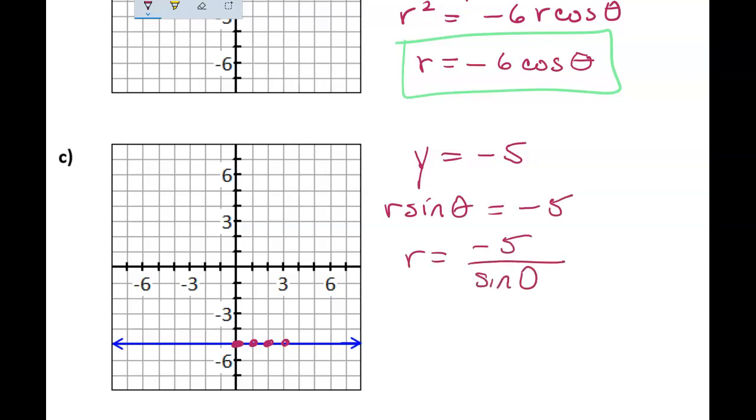Dividing both sides by sine of theta, we'll have solved for r, but let's simplify this. That would be r equals -5 times the cosecant. Oops, let me make sure that I write that correctly. Cosecant of theta.